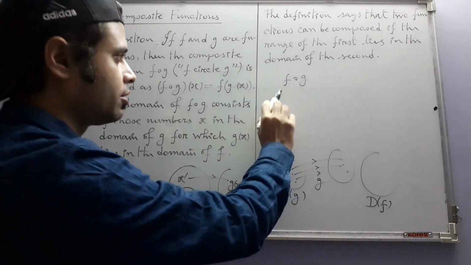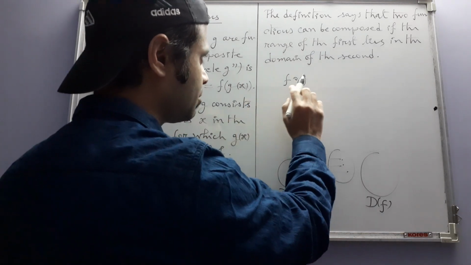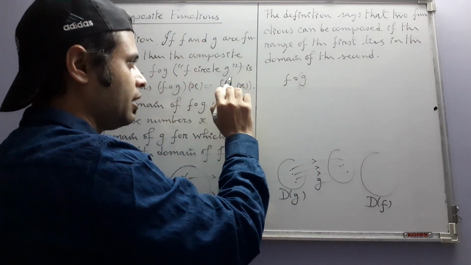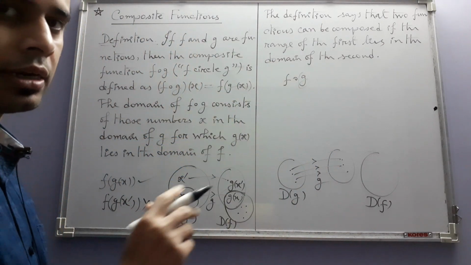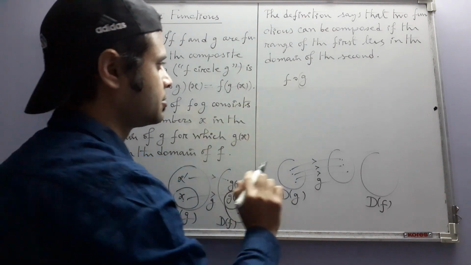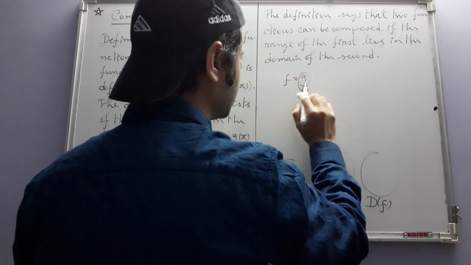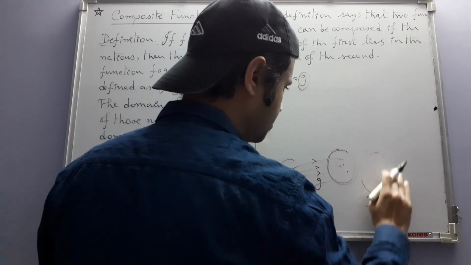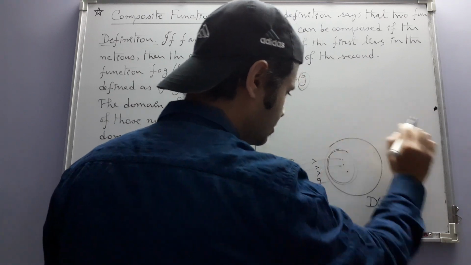Not in the order in which they appear. The first one in this context is g, because that is the one which we apply to x first, and then on the result we apply f. f comes afterwards. The range of the first function, they are saying, should lie inside the domain of the second.